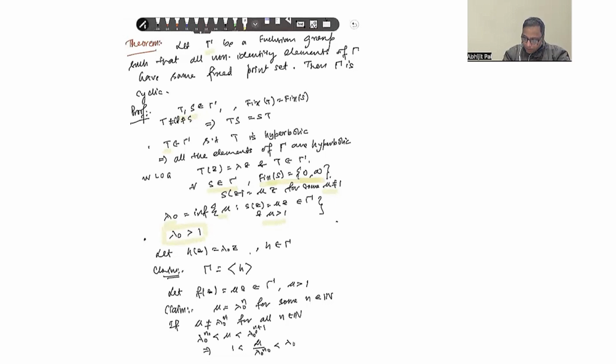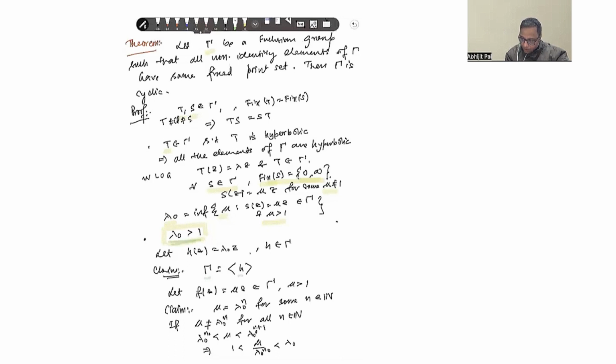Now there are two claims. One is that this lambda naught is greater than 1. And if I take Hz equals lambda naught z, then this group gamma is generated by this H. Why is the first claim true?